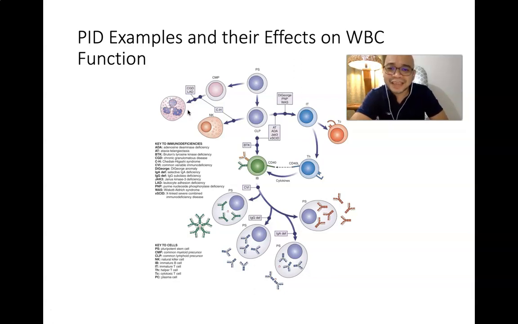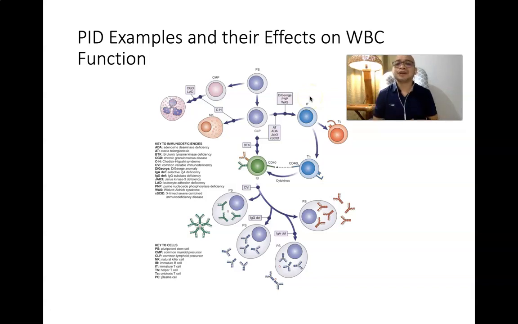For example, as you can see here, a person has X-linked SCID, or severe combined immunodeficiency. We will be discussing that specifically later on, but I just want to illustrate in this example that a person with SCID would have an effect on the function of the IB, which refers to immature B cells, and also the IT here, which refers to immature T cells.